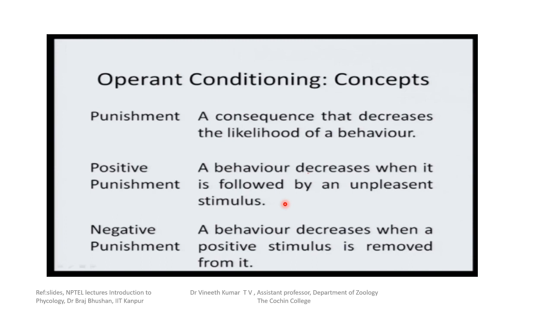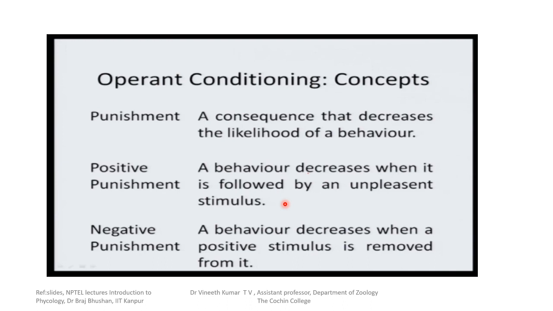Slapping is an unpleasant response, and in such cases the behavior will decrease when it is followed by an unpleasant stimulus, because the result is beating, so the child will try to avoid such situations in future. Next is negative punishment.